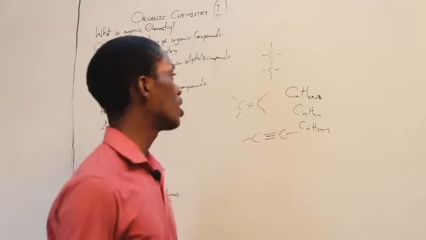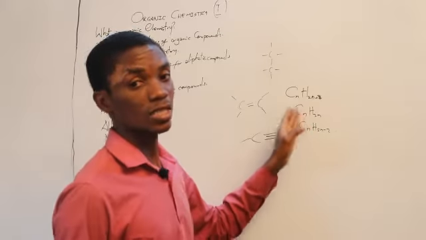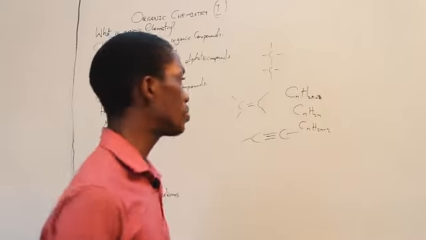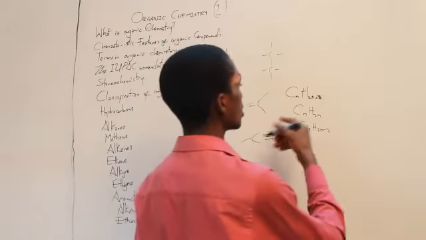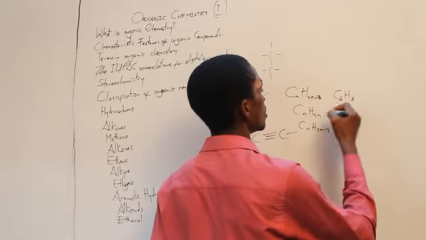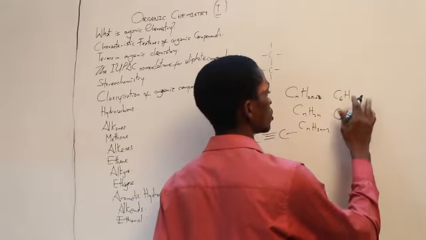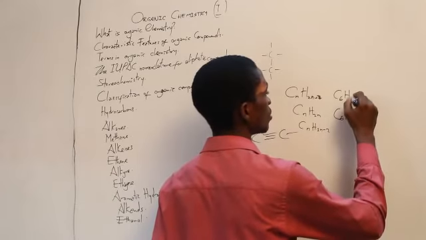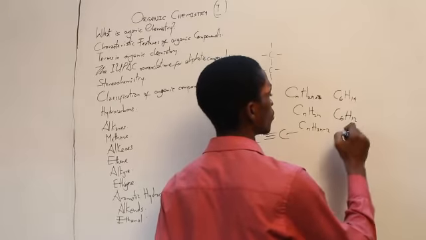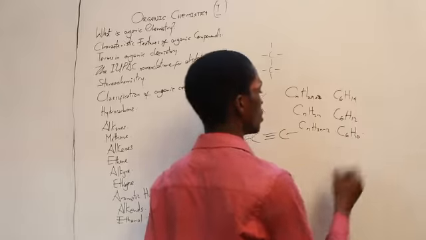From this general formula, we can tell what the second alkane, the fifth alkane, or whatever structure would be. So if we are working with the sixth alkane, it would be C6H14, for alkenes it will be C6H12, and for alkynes it will be C6H10.